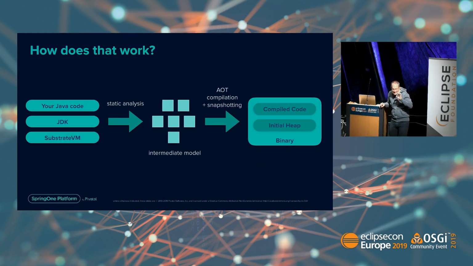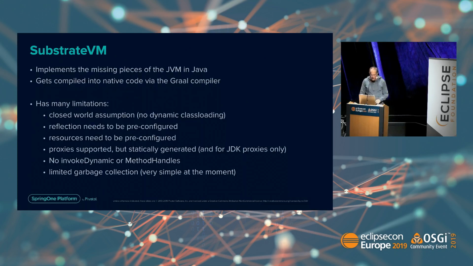It runs a little bit of your program, just the static stuff, and it snapshots the memory, the objects that get created. So it's kind of a snapshotting technology, and puts everything together so that in the end you end up with something like an initial heap, all the machine code packed into a binary, and you kick off that binary.